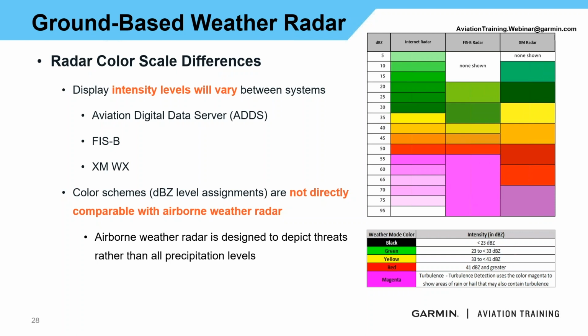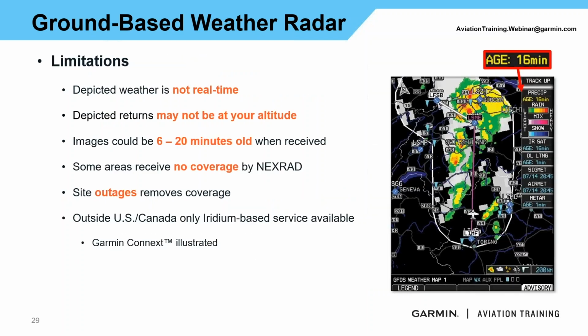The trick for you is to understand what it is telling you and where it is getting the information. So ground-based is delayed. It's taking a volumetric scan. Airborne-based is real-time, and you are able to get a little bit better idea of the altitudes.